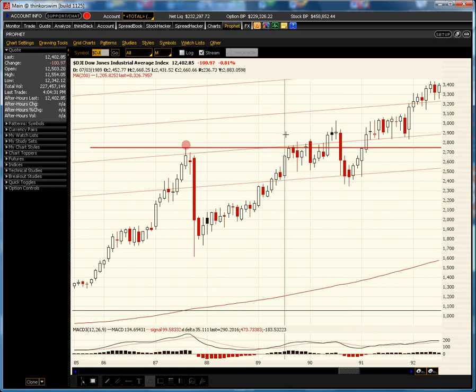All of a sudden the psychology changed, because the next time we came up against this resistance level, even though we did sell off a little bit, the sell-off wasn't very strong, and we actually hovered in this area 1, 2, 3, 4, 5, 6, 7, 8 months without a dramatic sell-off.